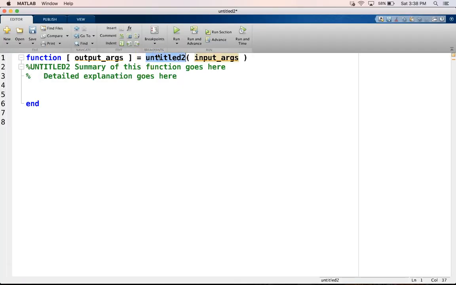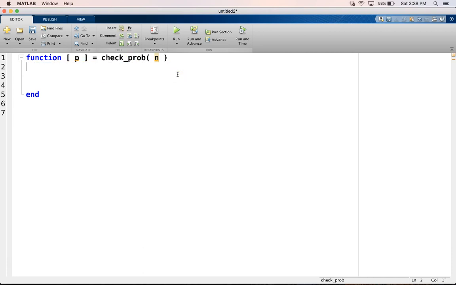And let me do this, how about checkProb for check probability. Input is going to be n for the number of times I want to do the experiment. Output is going to be p for a probability estimate. And I want to do the experiment a bunch of times. I want to do it n total times.